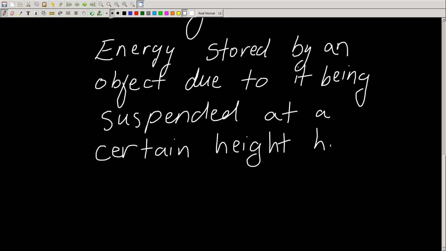Okay, so at a certain height h, an object will carry some form of stored energy.